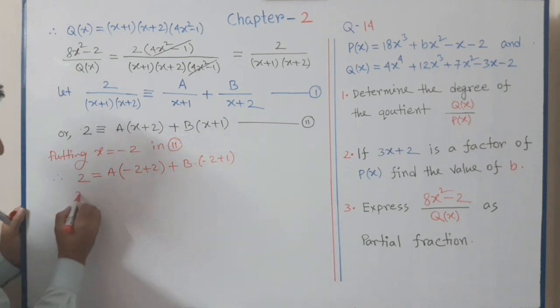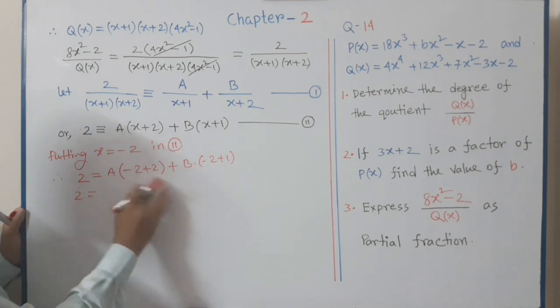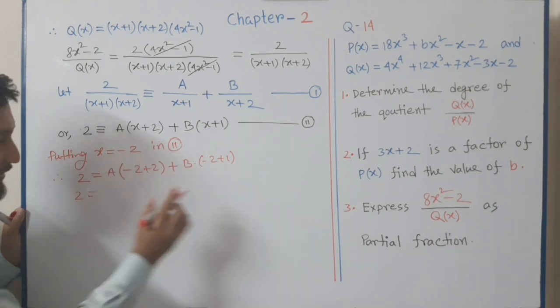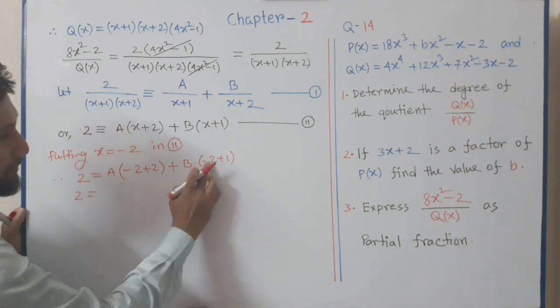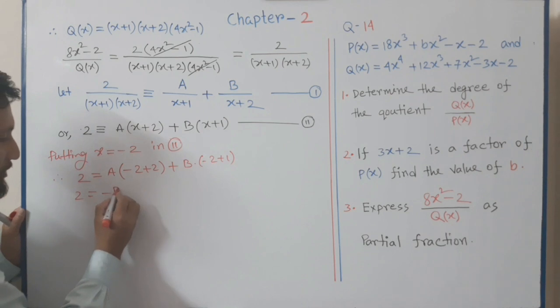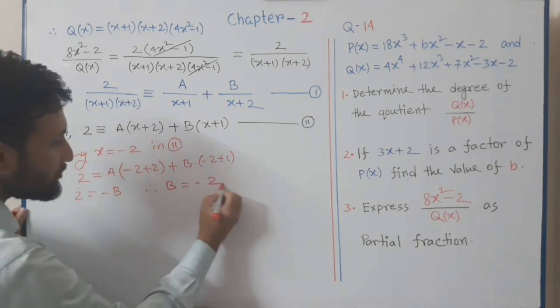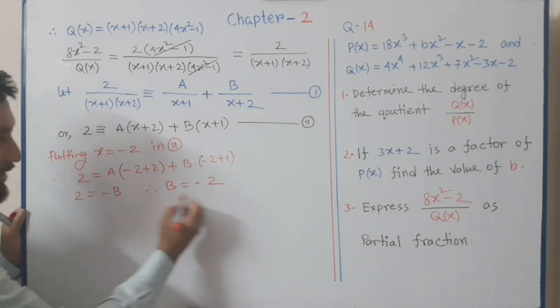So here see that 2 equals a into 0. So minus 2 plus 2, that means 0. So a vanishes, a into 0, that means a vanishes. Therefore b into minus 2 plus 1, that means minus 1. So minus b. So we can say that b equals minus 2. Okay, the value of b equals minus 2.